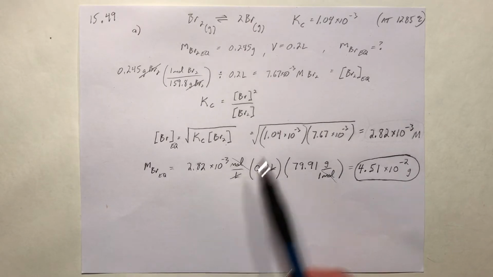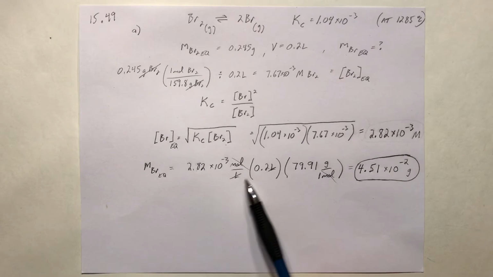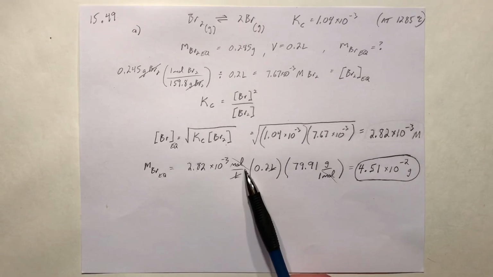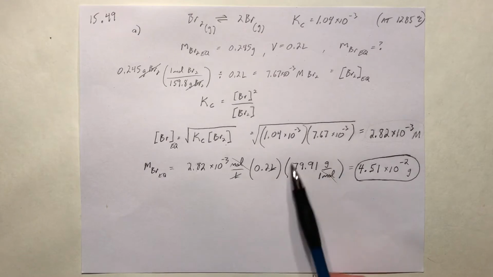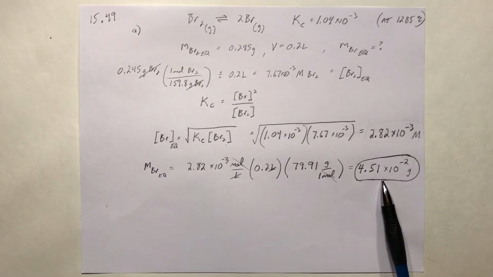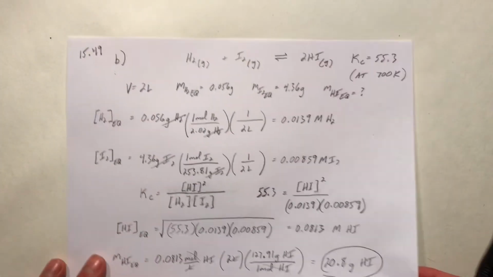Multiply by the volume of the container, 0.2 liters, and then liters will cancel. And then we'll have moles. And to turn moles into grams, we just use the molar mass, set it up so that moles cancels, and we'll get 4.51 times 10 to the negative 2 grams as our answer for the mass of Br at equilibrium.